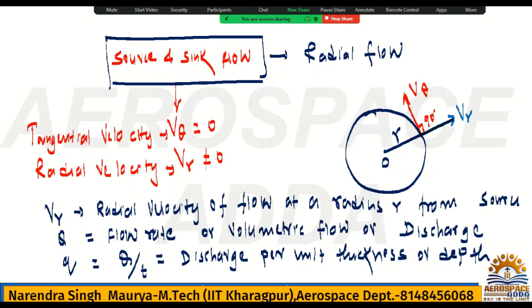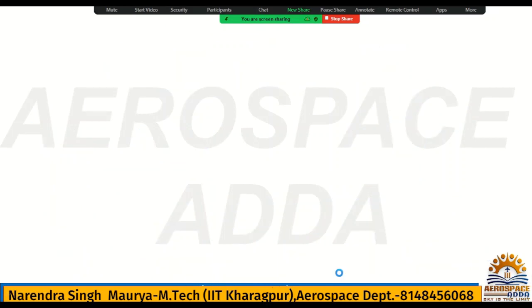And always remember, volume flow rate per unit depth is also called strength of source. What is it called? Strength of source. So what is the strength of source?